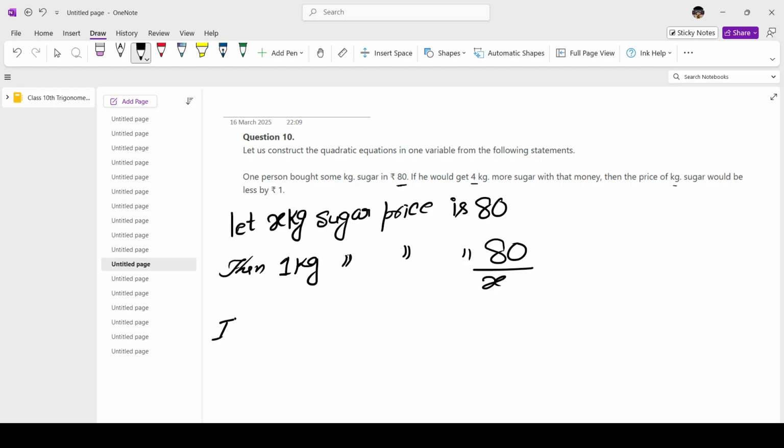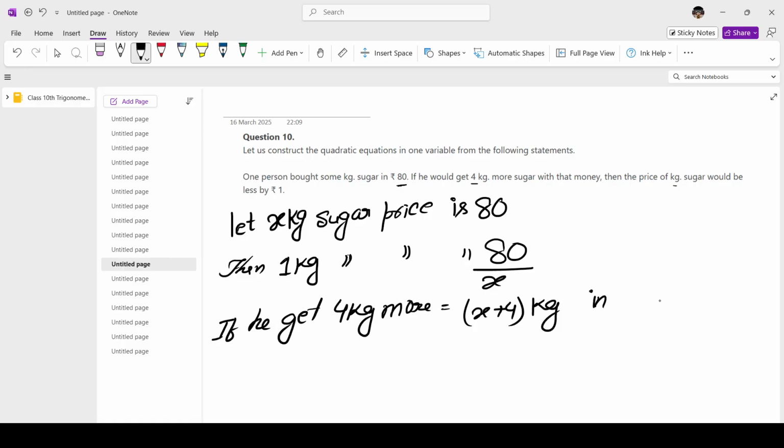Now, if we get 4 kg more, that is what? We're getting X plus 4 kg in same rupees. Then 1 kg we will get in 80 by X plus 4.